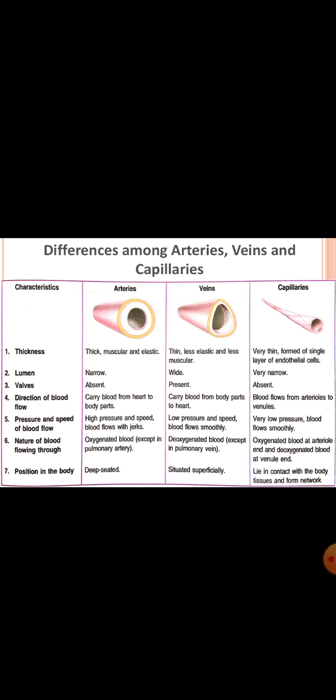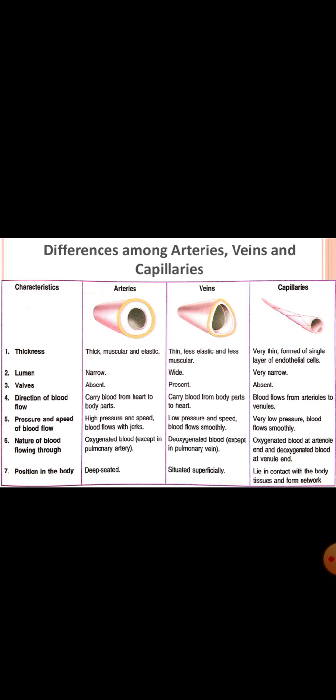Means the characteristics. First of all, if we talk about thickness, arteries are thick, muscular and elastic, while veins are thin, less elastic and less muscular. And if we talk about capillaries, they are very thin, formed of a single layer of endothelial cells.